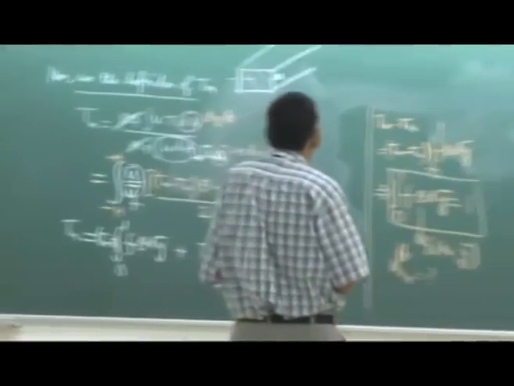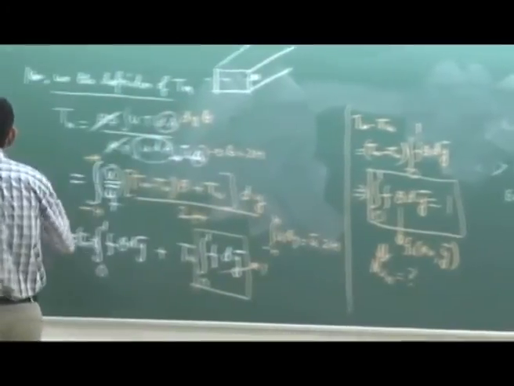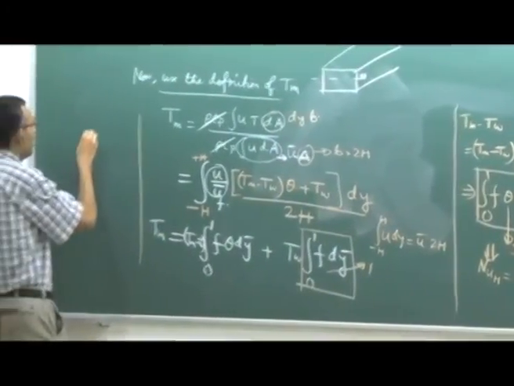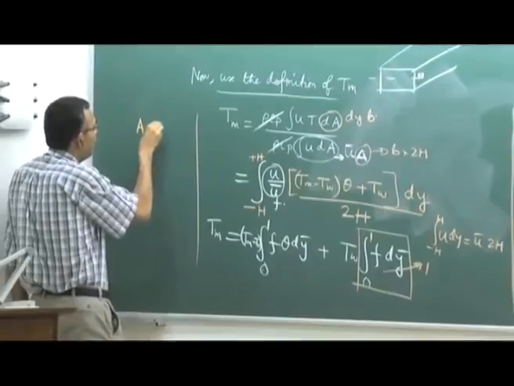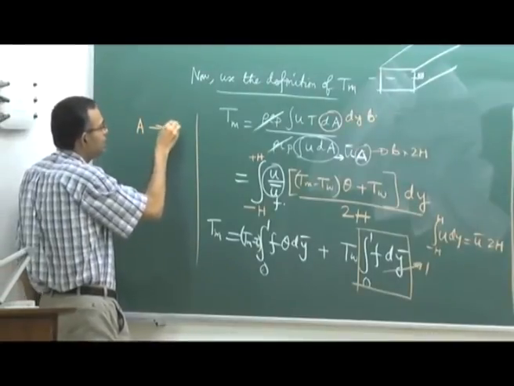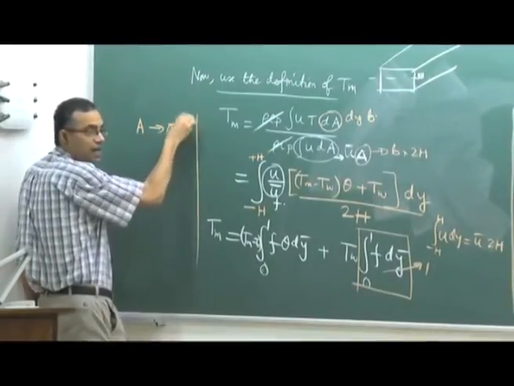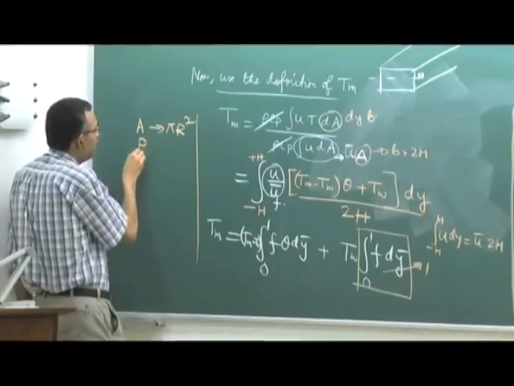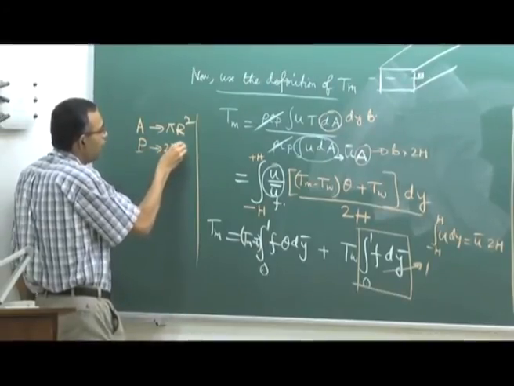So for a circular pipe, the area is pi r square and the perimeter is 2 pi r.